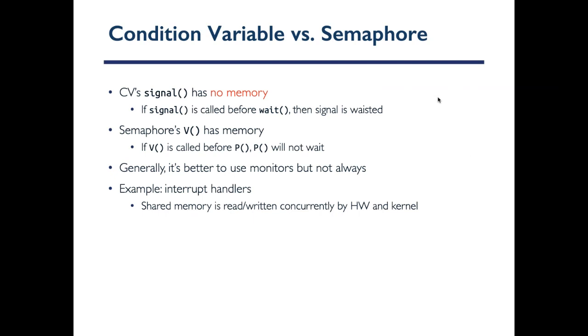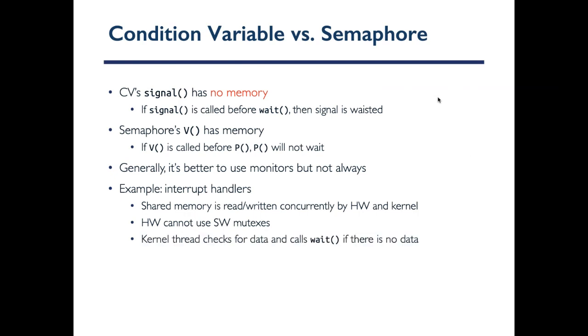The hardware controller is going to write to this memory, and then kernel device drivers or kernel tasks are going to read from it. Now, hardware cannot use the software mutexes because hardware doesn't know how to use them. It can just read or write characters to a buffer. It cannot call functions and such. So no mutexes in this context.